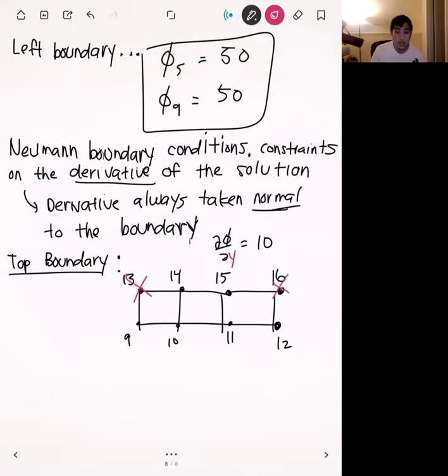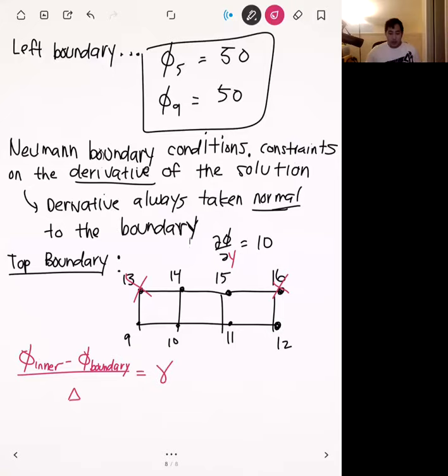Okay. And so usually the convention that we choose for these derivatives is we take a finite difference scheme and we take a finite difference between the boundary node and also the node that's on the interior. Got ahead of myself.